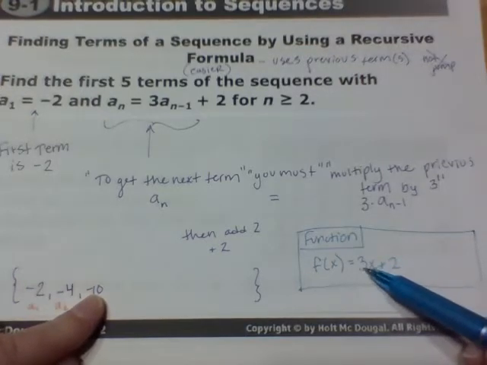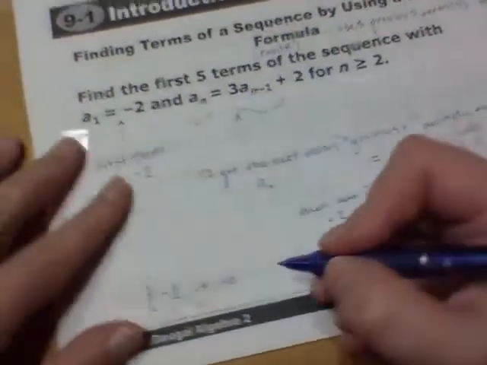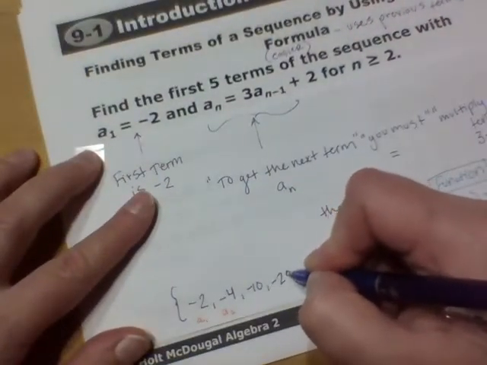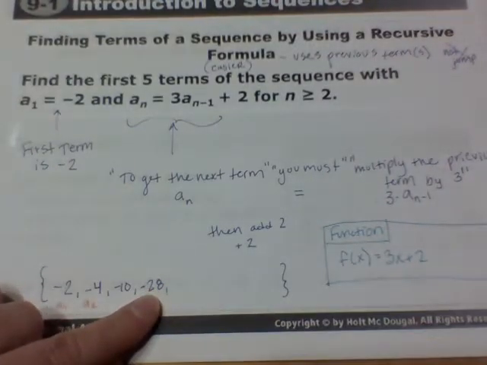And so I'd multiply by 3 and get negative 30, and add 2 and get negative 28. And then our last term takes negative 28, multiplies it by 3, which is negative 84, and then add a 2, which is going to be negative 82.